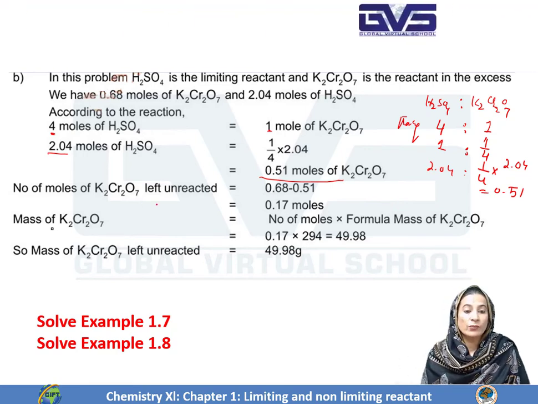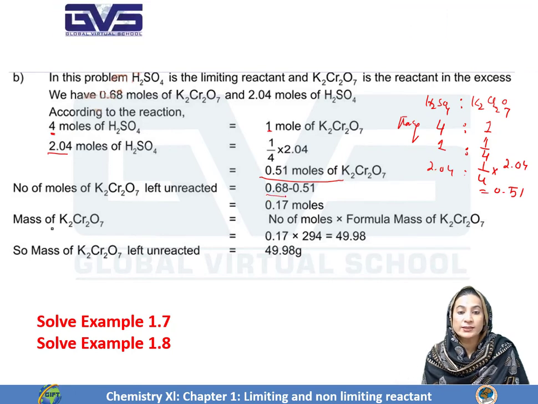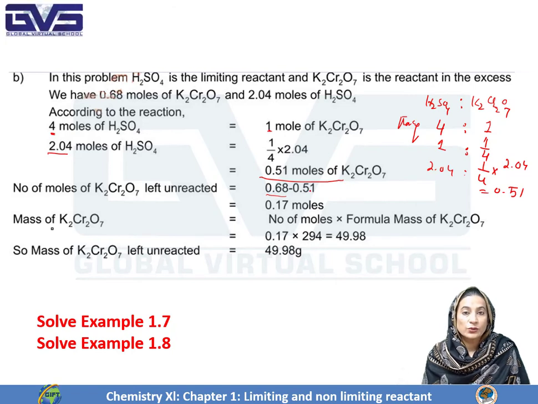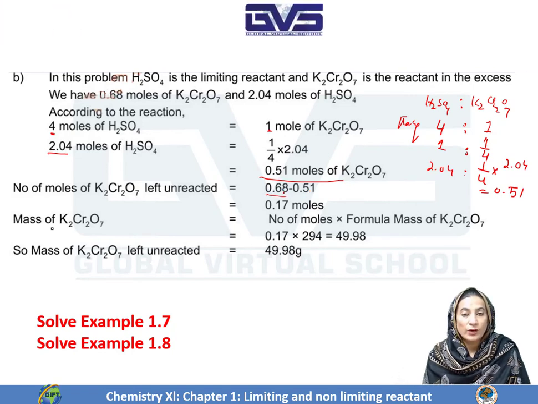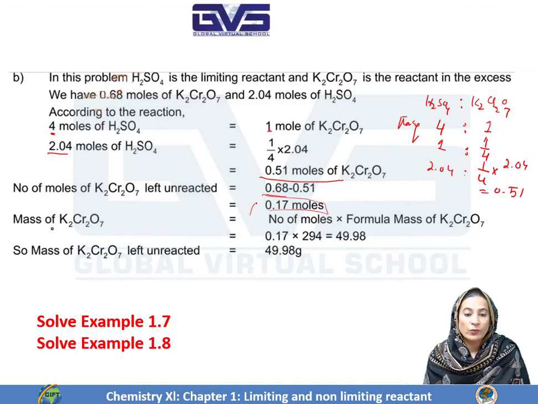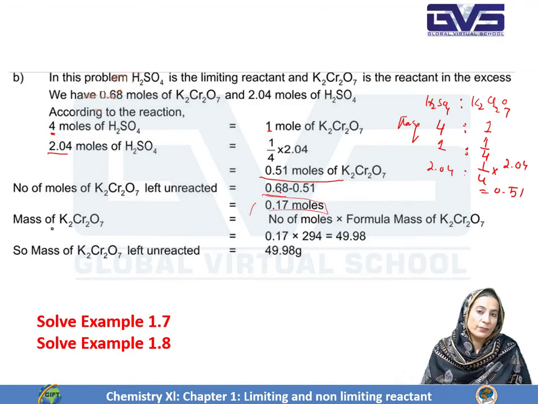But originally the total moles were 0.68 and the consumed are 0.51. So what is left, you have to subtract it, will be 0.17 moles that remain in the reaction mixture.